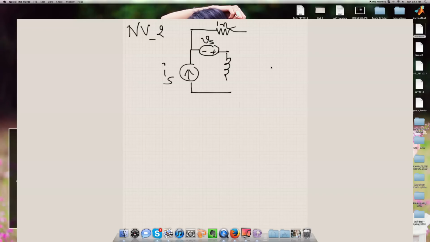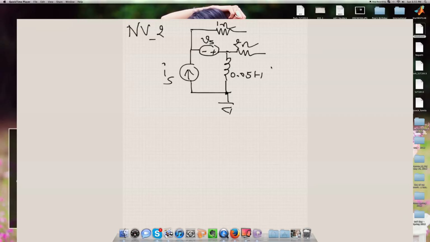Let's see what's going on here. This inductor is connected here, which is grounded, and this inductance is 0.05 Henry. Okay, here is a resistor in an amount of 2 ohm.